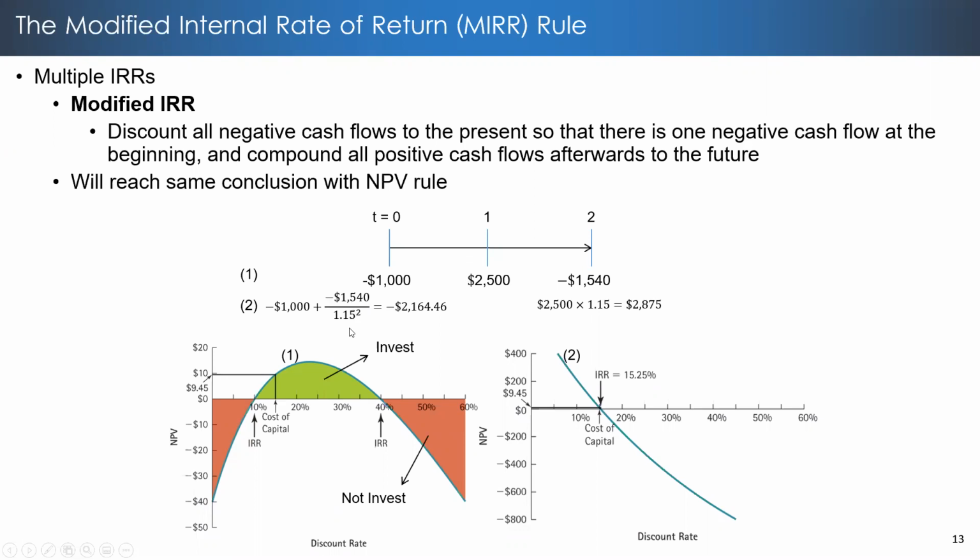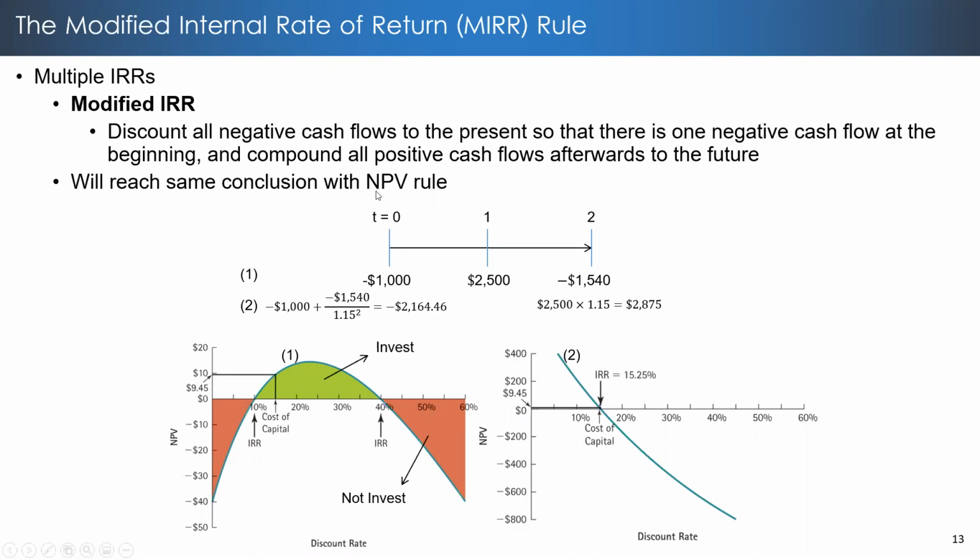So this essentially takes away our initiative to use IRR at all. Also, this will give you basically the very same conclusion as using the net present value rule, meaning that you will always reach the same conclusion using NPV and modified IRR. So then this becomes essentially an inferior rule compared with the net present value rule.